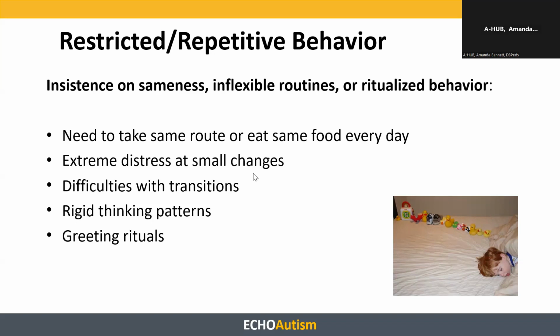Sometimes children and people with autism can be really bothered by small changes. The routine changes just a little bit, and it's really troubling to them, or they might have trouble transitioning from one activity to another, or from one space to another. They might be more rigid in how they think.